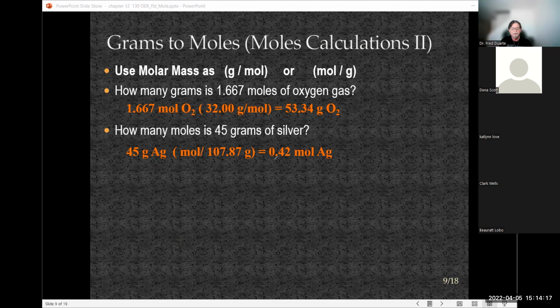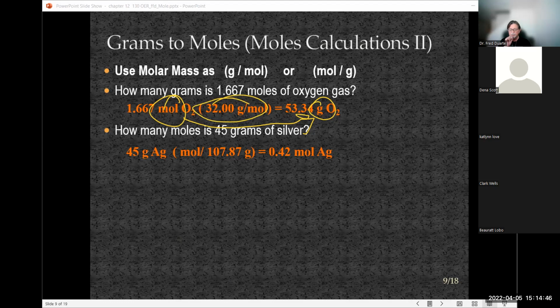All right, because we can't get from point A to point B without going through that common factor, in this case, moles.